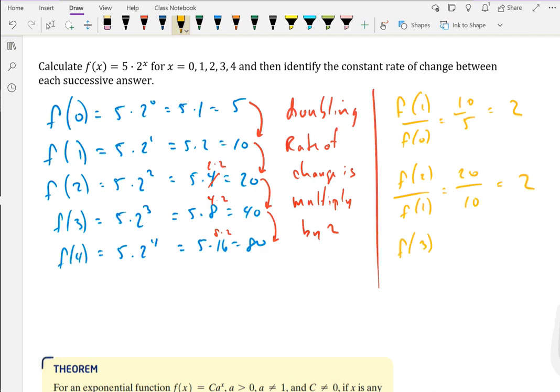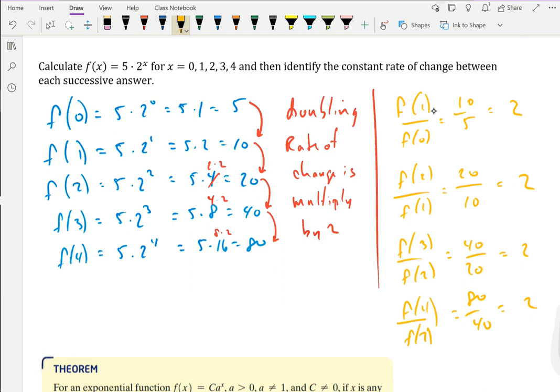If I take a look at f of 3 over f of 2, f of 3 was 40, f of 2 was 20. That's also a change of 2. And again, with successive values, f of 4 over f of 3 is 80 over 40, and that's also 2.